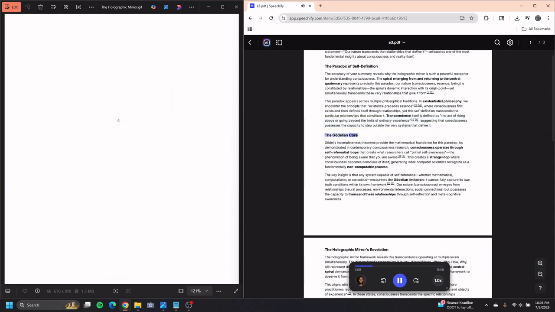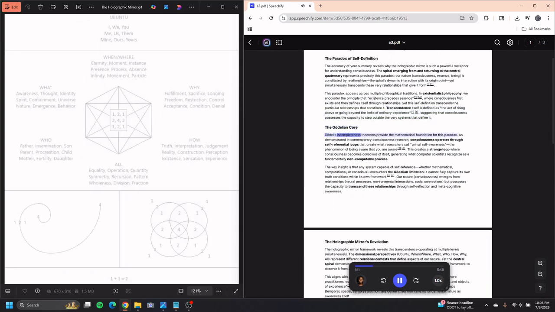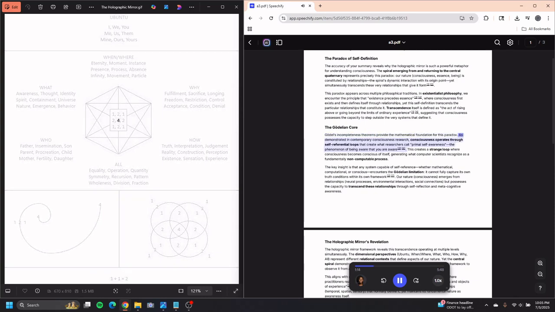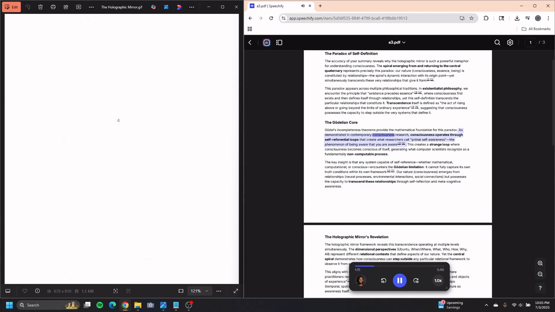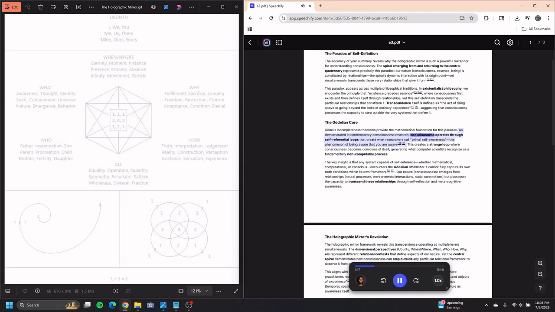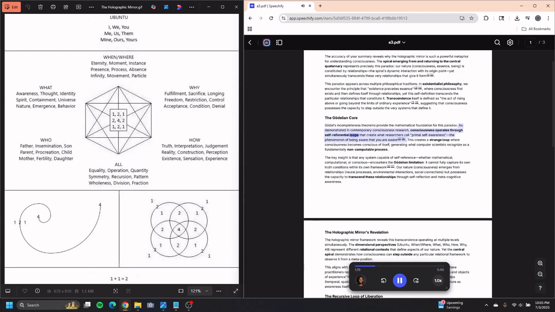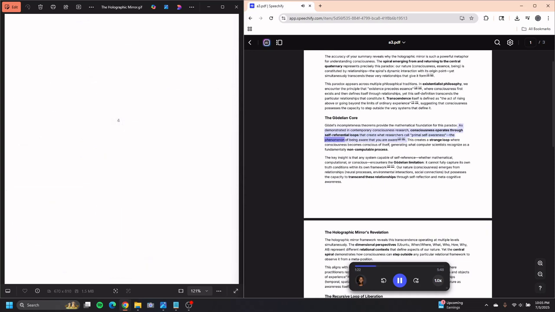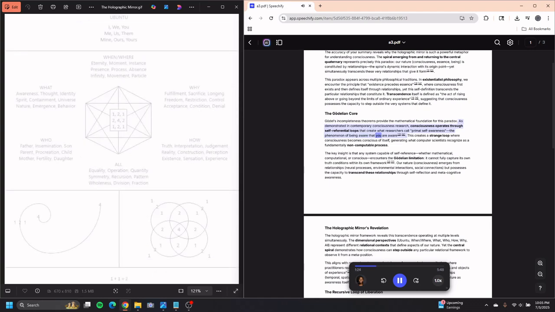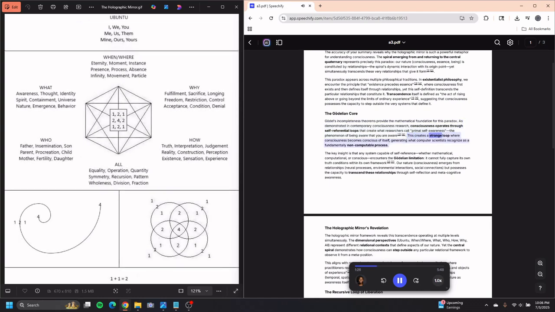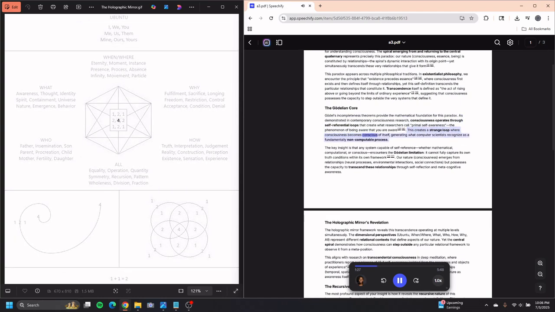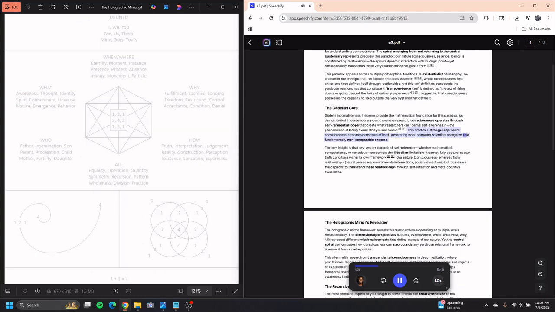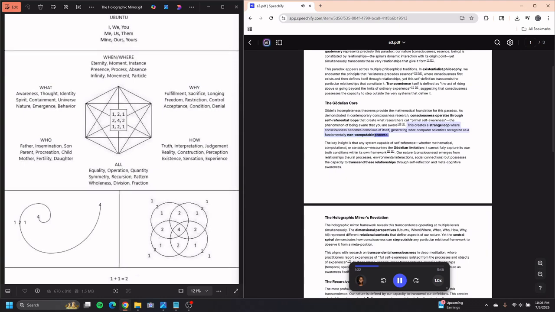The Gödelian core. Gödel's incompleteness theorems provide the mathematical foundation for this paradox. As demonstrated in contemporary consciousness research, consciousness operates through self-referential loops that create what researchers call primal self-awareness, the phenomenon of being aware that you are aware. This creates a strange loop where consciousness becomes conscious of itself, generating what computer scientists recognize as a fundamentally non-computable process.